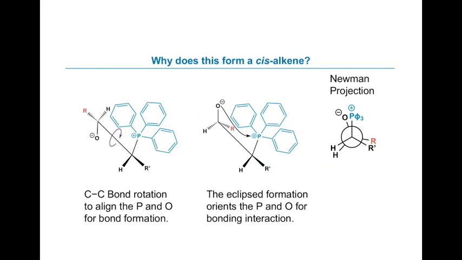Now, to get to the betaine for elimination, the oxygen is pointing in one way, the phosphorus is pointing in the other way. That's why we have to go through this rotation of this center bond here. And in doing that, we're going to be forming a new oxygen to phosphorus bond. That's how we get this structure here. In the Newman rotation, that rotation there would be seen as you here over on the right side of the page.